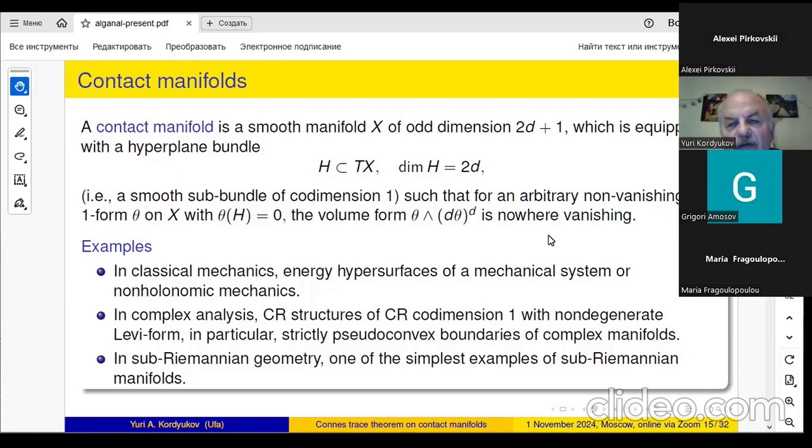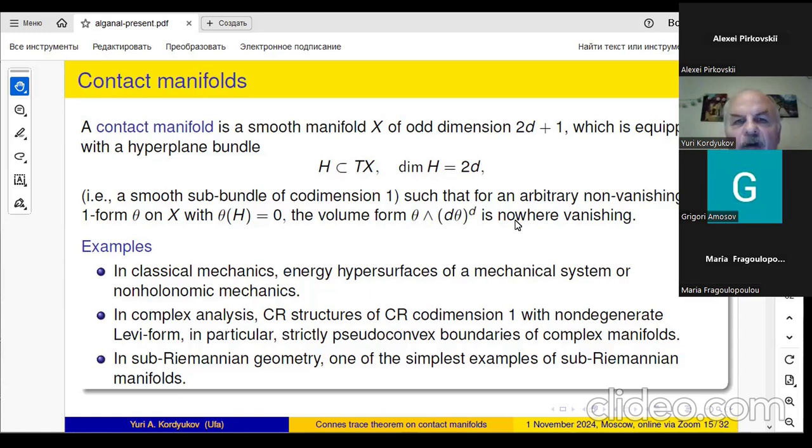Actually, there are several sources of such contact manifolds. First of all, classical mechanics, where we know that the phase space is a symplectic manifold. A symplectic manifold is an even-dimensional manifold equipped with a differential two-form which is closed and non-degenerate.